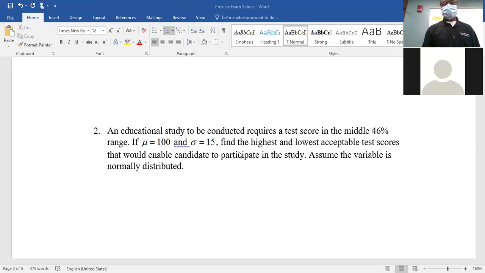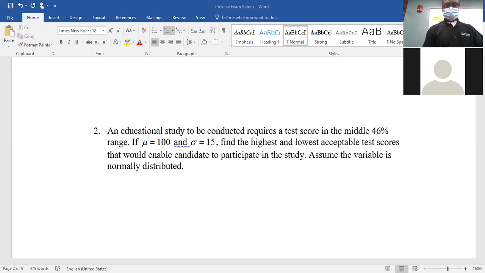Then what was the mean? The mean is 100. And the standard deviation, 15. Then I get one of the values.